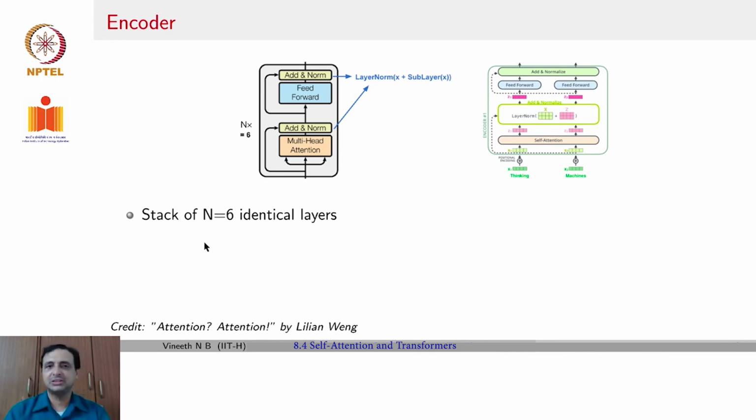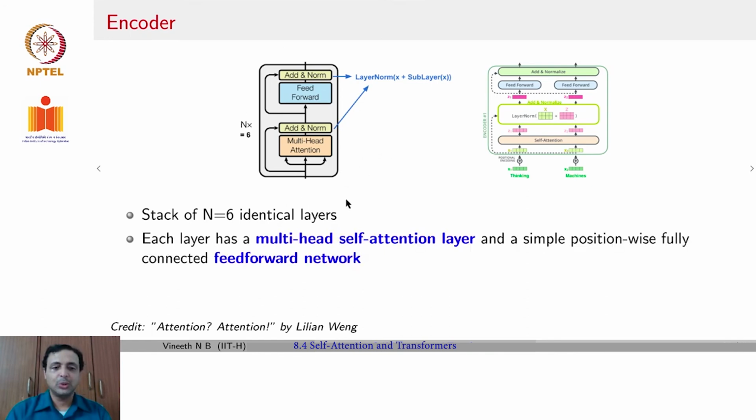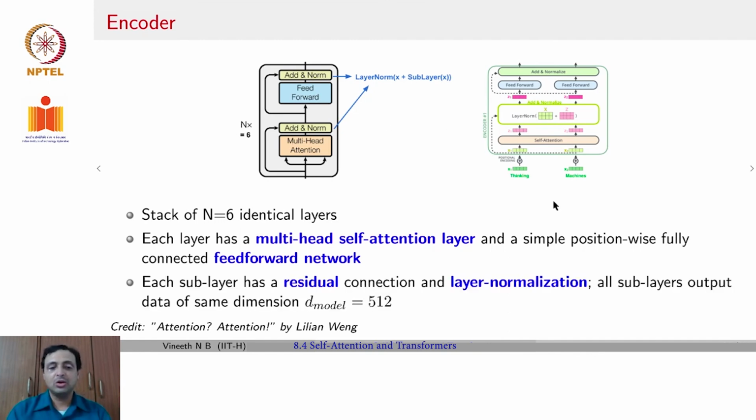Each of such 6 layers looks somewhat like this, what you see in the image here. So you have a multi-head self-attention layer, which we've already seen. Self-attention, take multiple heads, concatenate, and then have a linear layer to get a vector input. And that's fed into a fully connected feed-forward network that you see on top.